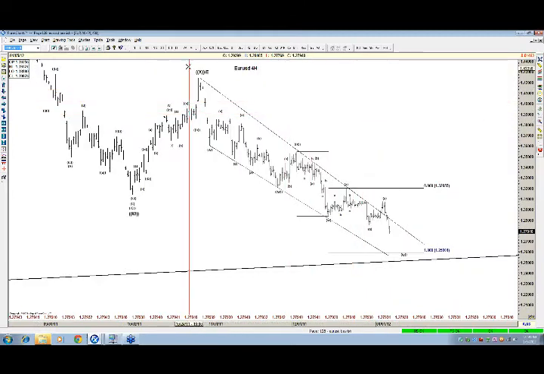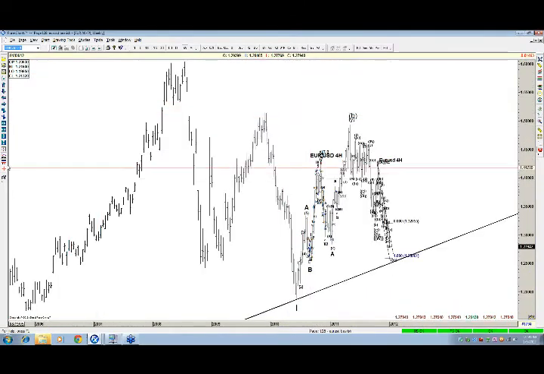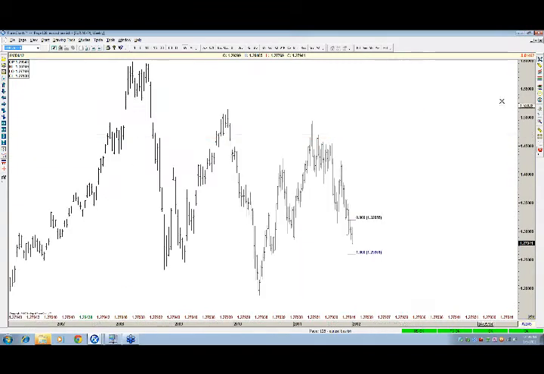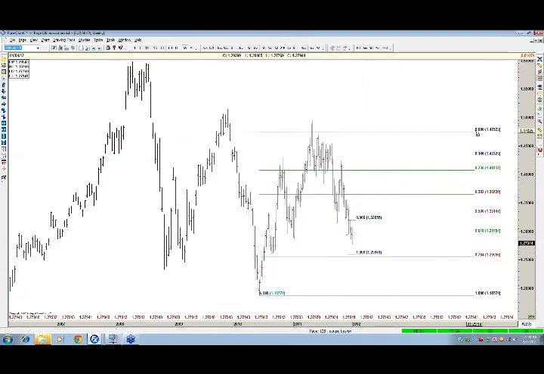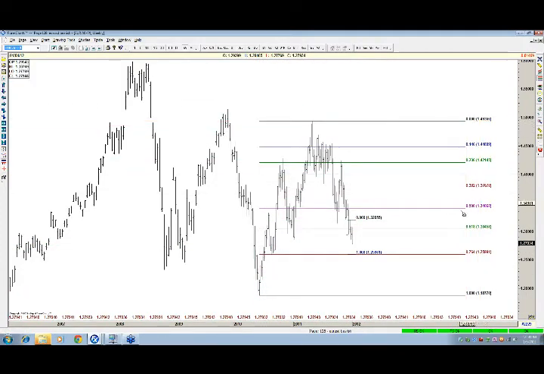Now, if we go again to the weekly, because this is a level: if it's a triangle and you have A, B, C, and this is the D wave, it needs to correct. 2026 is the equal leg here and is the 76.4 of the previous leg higher. Very interesting level.